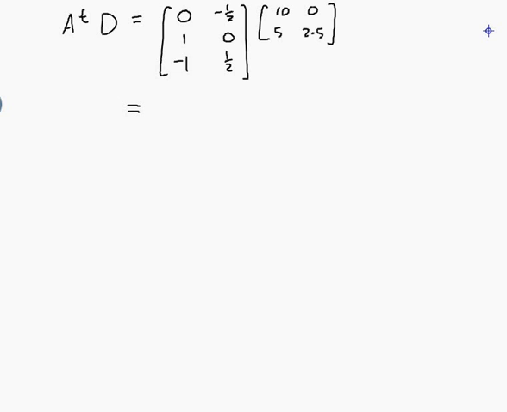So let's actually calculate it. We need to do all the combinations of rows and columns. So row 1 and column 1. So row 1 will be 0 times 10 minus a half times 5. So that will be minus 2.5. I'm using decimals because one of them has a decimal, so I'll follow along with the same rules.